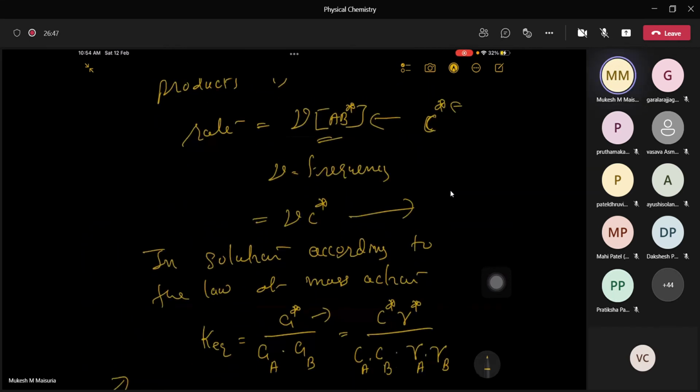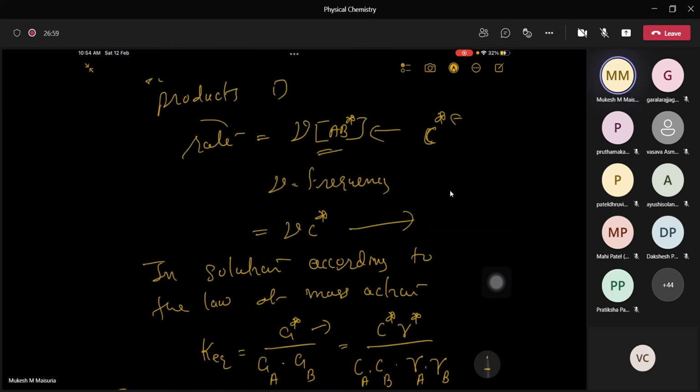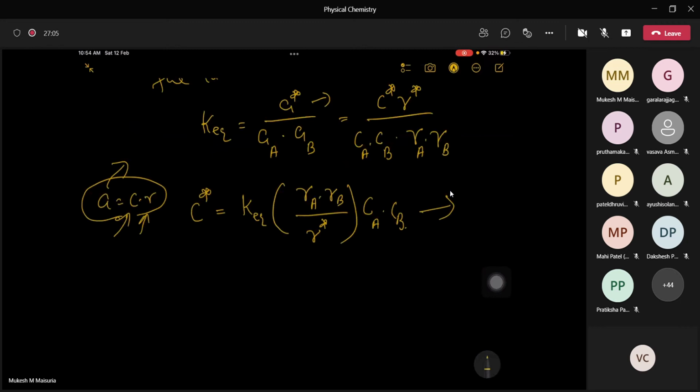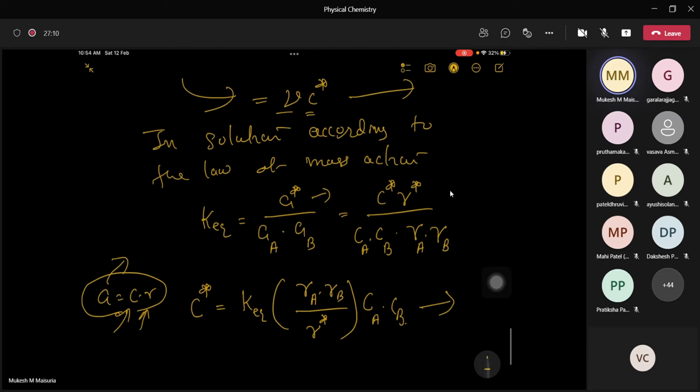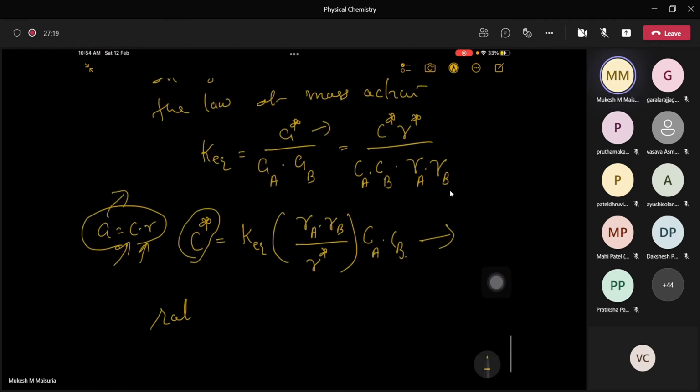So we have one equation and we have another equation. Understand? So in this equation, it is rate. Rate is equal to this, and it contains frequency as well as concentration. So if we substitute this value in this equation, we have rate equal to frequency into this.